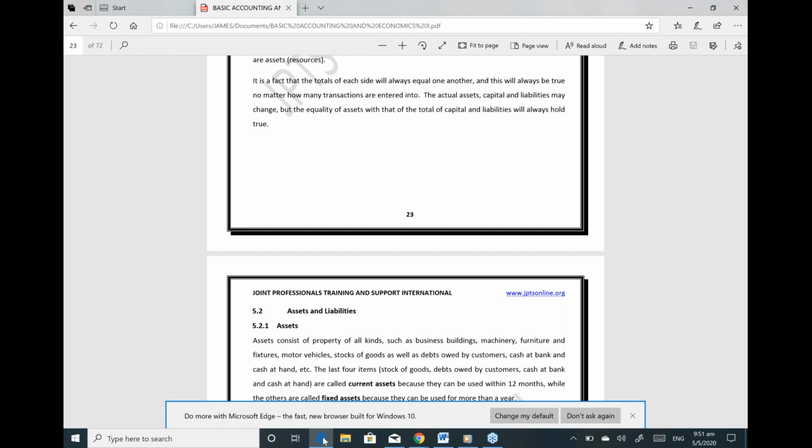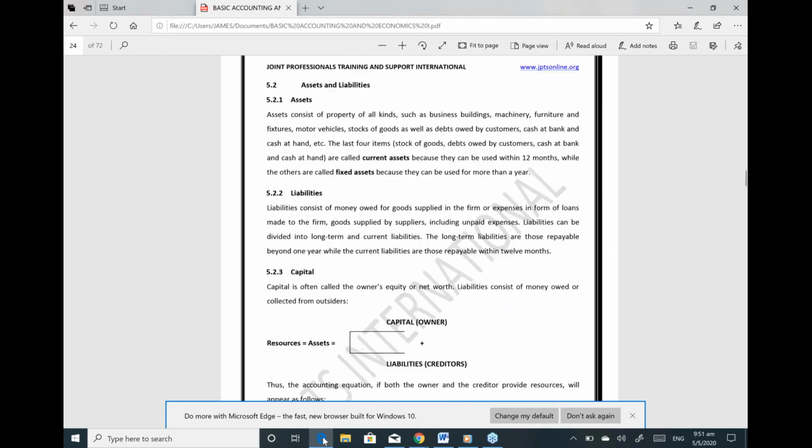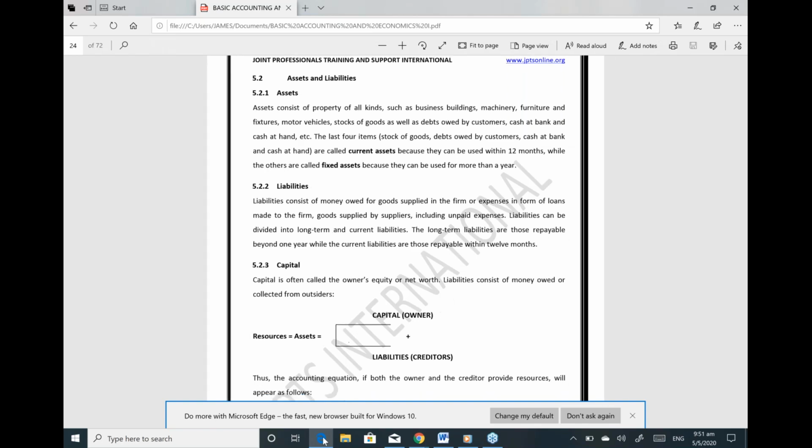Then we look at asset and liability. What is asset? Asset consists of properties of all kinds, such as business buildings, machinery, furniture and fittings, motor vehicles, stock of goods, as well as debts owed by customers, cash at bank and cash in hand. The last four items, stock of goods, debts owed by customers, cash at bank and cash in hand, are all called current assets.